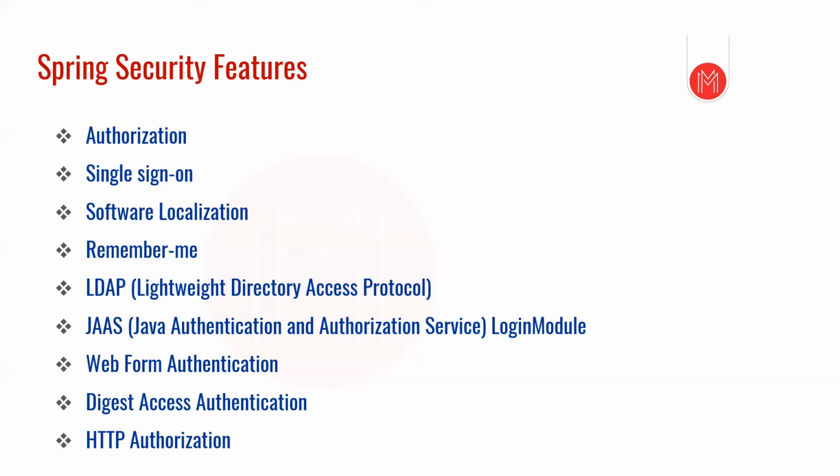HTTP authorization is nothing but, as I already told you, applying some endpoints, so we just use some Apache Ant paths or regular expressions. Spring supports this functionality for HTTP authorization of web request URLs.